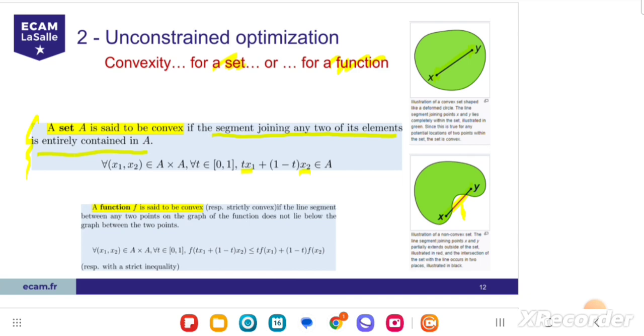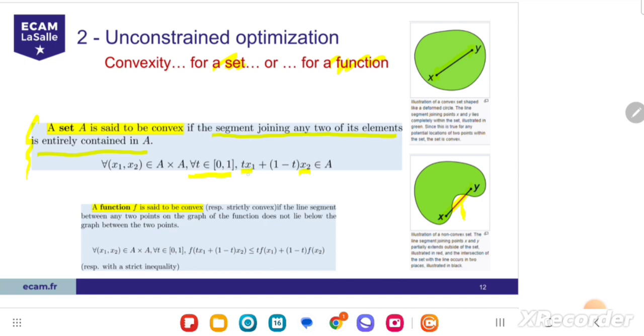You can make the segment by considering all the points in between the two: I take a real t between 0 and 1, and I create the linear combination t x1 plus (1 minus t) x2. As it's a linear combination, it still belongs to your space. So if x1 or x2 are items in R3 or in R20, that is still something that belongs to the same space.